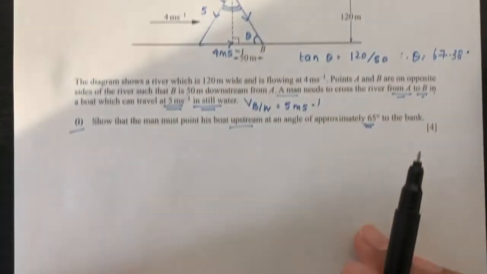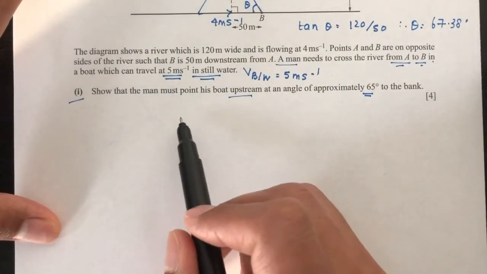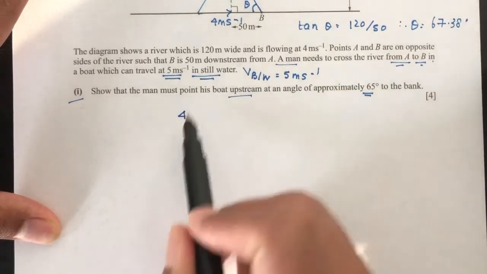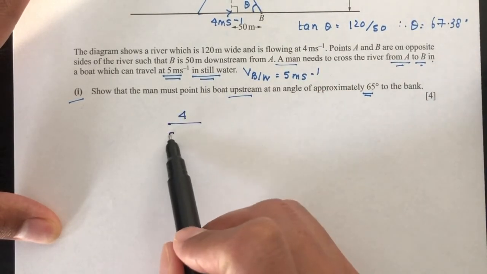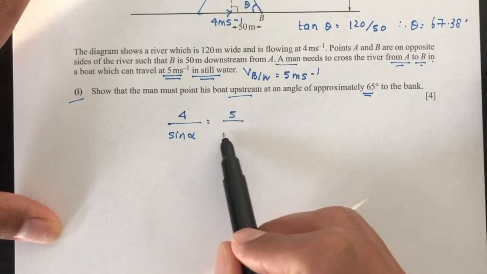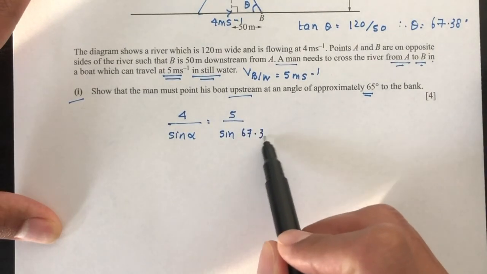So let's do that. Let's call this angle alpha. So we would say 4 over sine alpha equals 5 over sine of theta, which is 67.38.